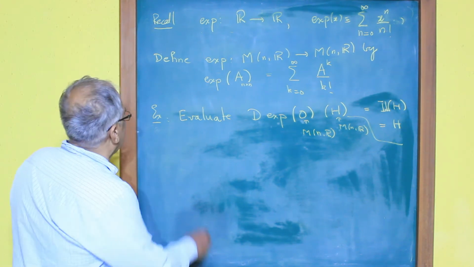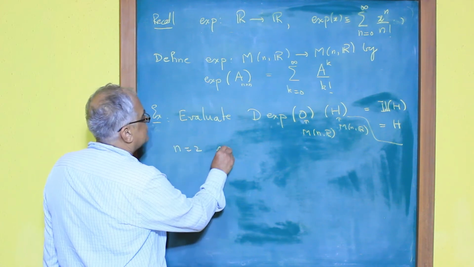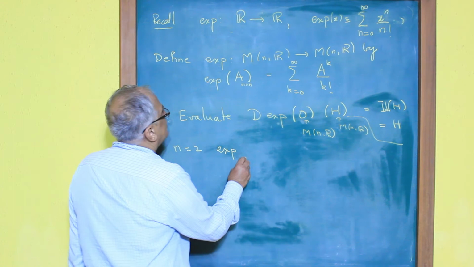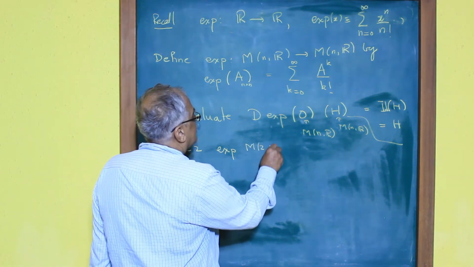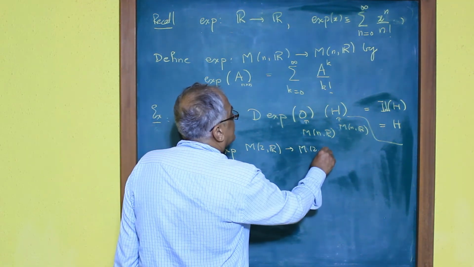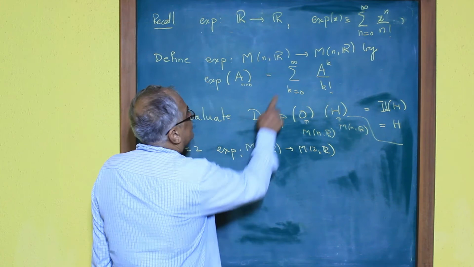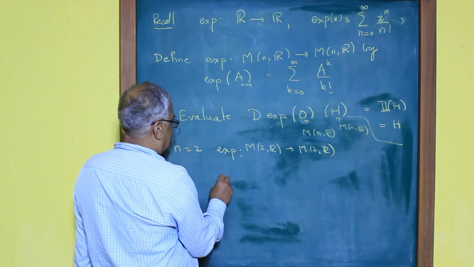For example, if I put n equal to 2, I have an exponential map from M_2(R) to M_2(R) defined by that, and I want to find out what the partial derivative is.